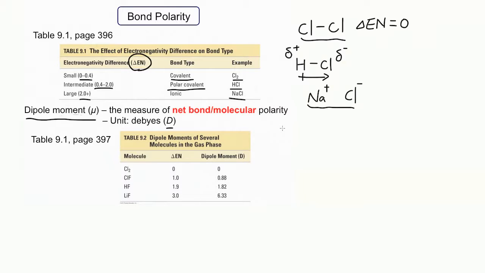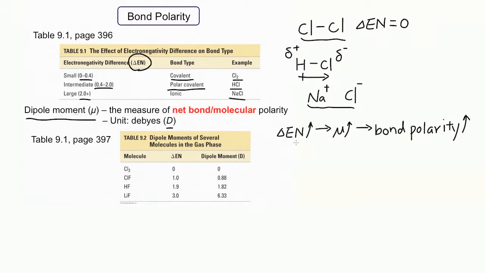If you have a larger electronegativity difference, delta EN increases, that will give you a greater dipole moment, and that will give you a greater bond polarity. The bond polarity will also increase. So this is a general trend.